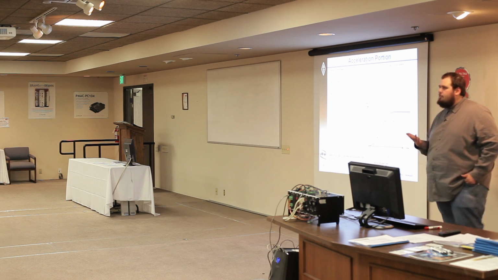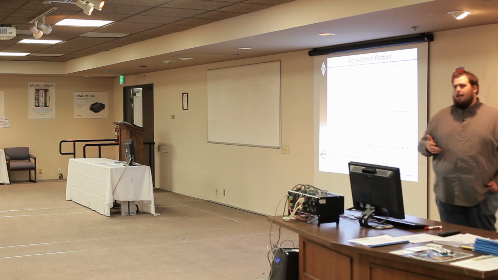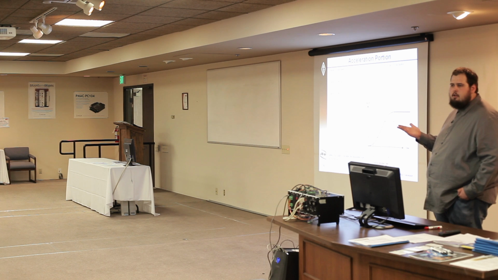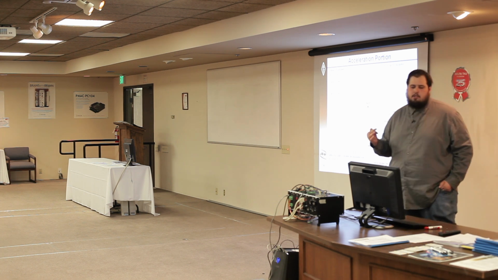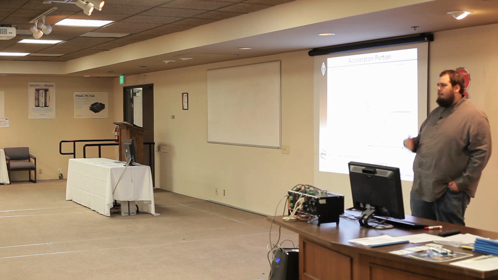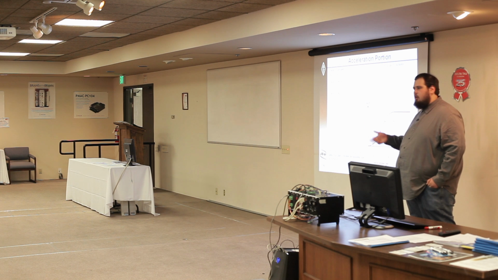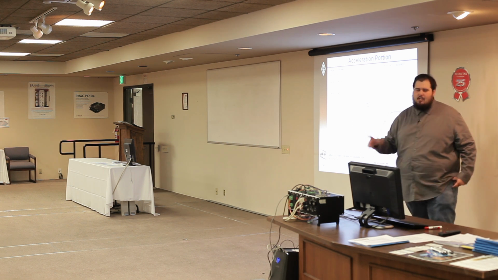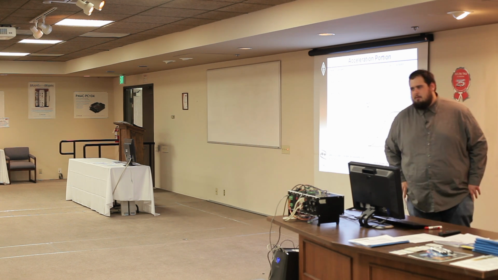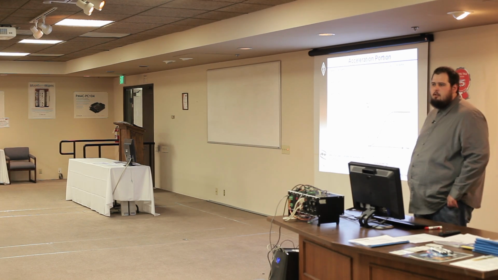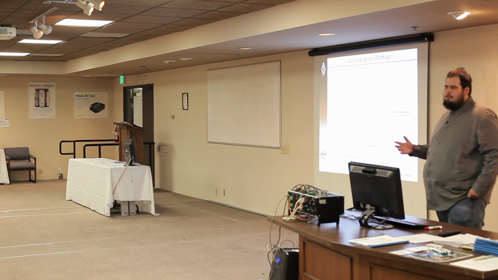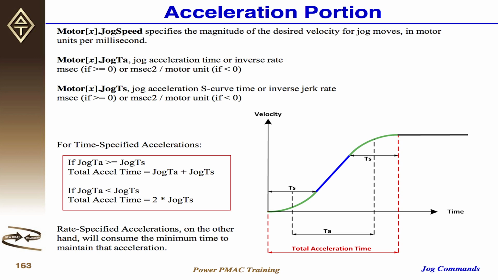But now, if you issue a negative value, such as negative 0.25, what you're actually saying is, I want to move at a rate of 4 motor units per millisecond squared, or the inverse of that, as the acceleration. So if you're giving a negative value, that is a rate, or an inverse of a rate. We'll do some examples of those in a second just to see how it looks.